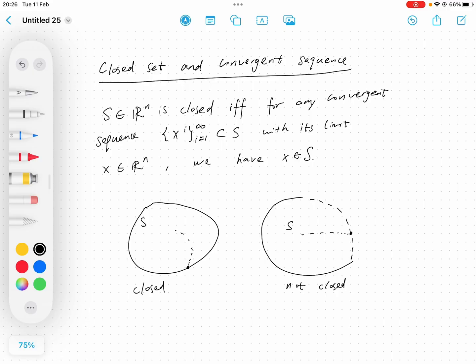This is sort of a definition, but we can actually prove it, so this is more like a proposition. Let's see.